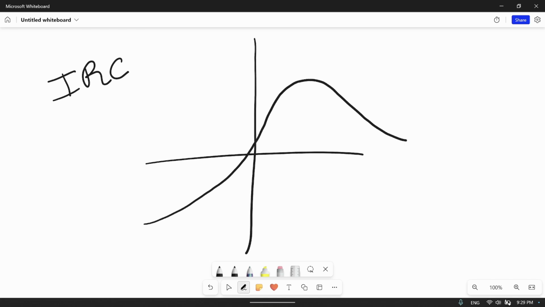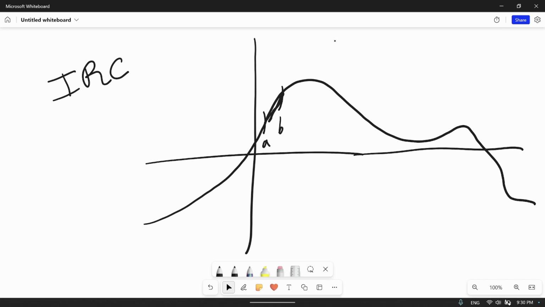Let me just draw a random function. So, let's think about it like this. We know that an average rate of change is how, on average, the function changes between two certain points, right? So again, b and a.